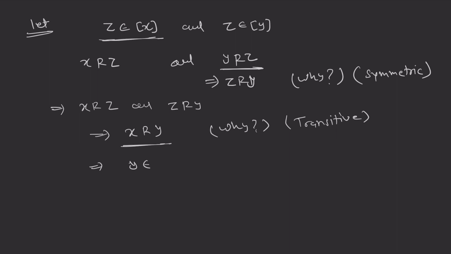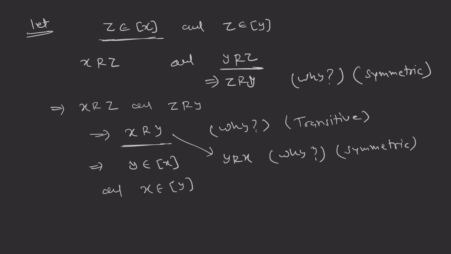That Y belongs to the equivalence class of X, and X related to Y means that Y is also related to X. Again symmetricity. So this implies that X is identically equal to Y.